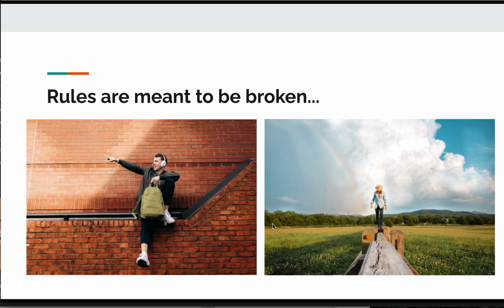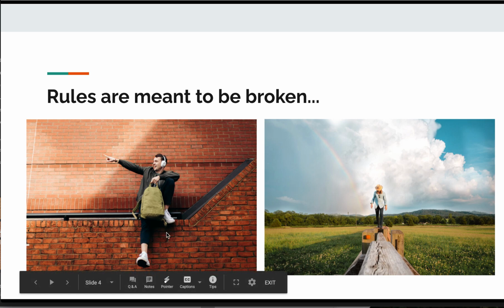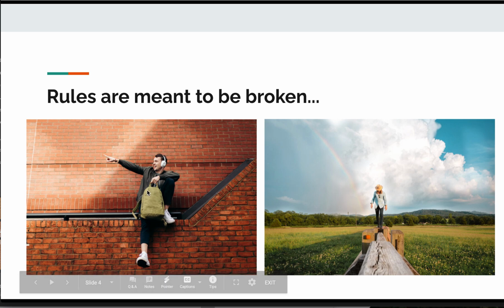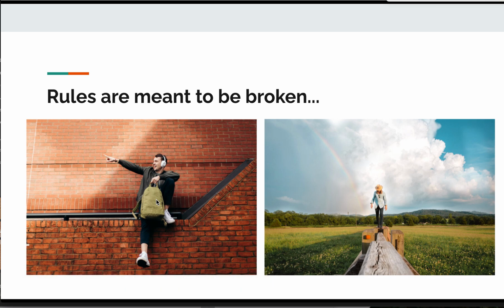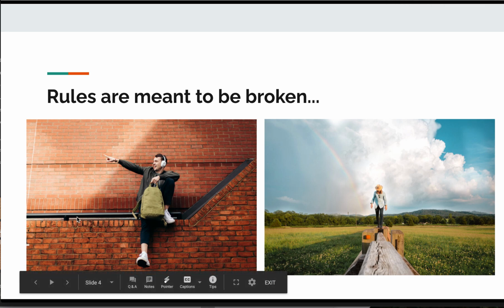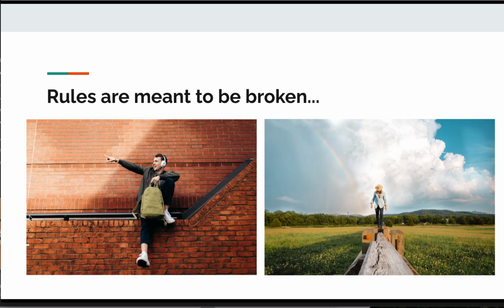Something else I wanted to say is that sometimes rules are meant to be broken for certain reasons. In this picture on the left of this guy, the picture does not follow the rule of thirds. He's actually in the center of the picture. But some things make this picture work: there are these extra lines that add to the picture, and he has some motion going on.